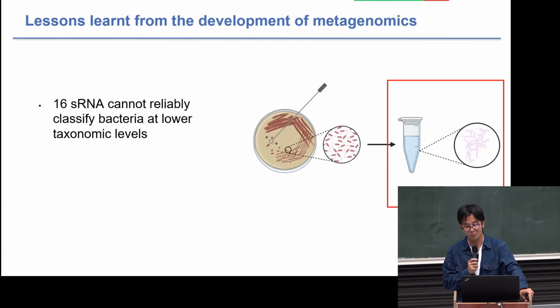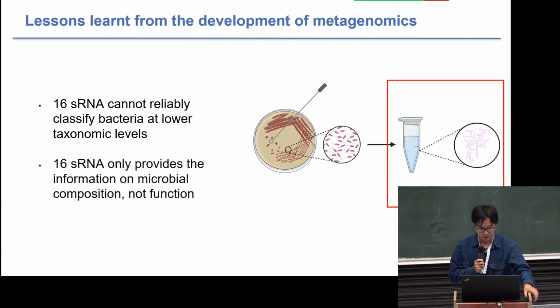But for some microorganisms, for example, different E. coli strains within the E. coli species, you cannot really distinguish them with this 16S RNA sequence, which is quite small compared with a whole genome. And also, 16S RNA only provides information about the composition of your samples, but you don't really know what they can do.